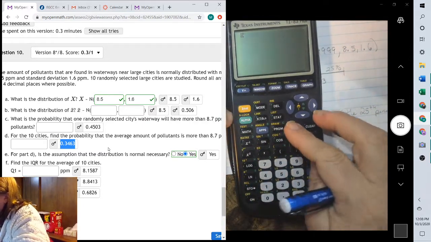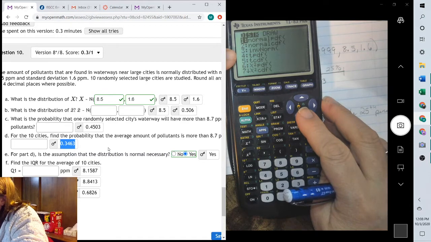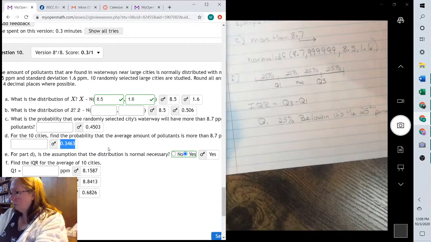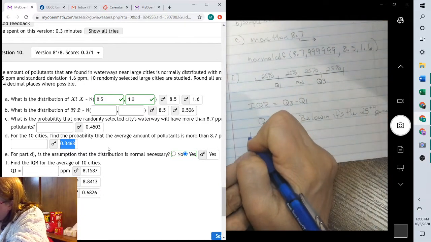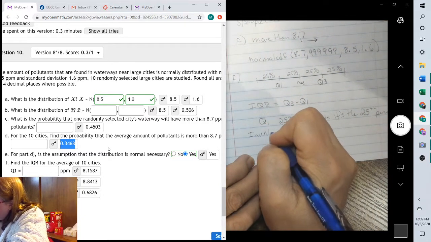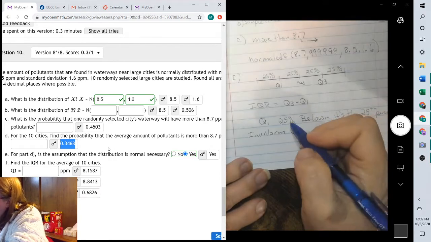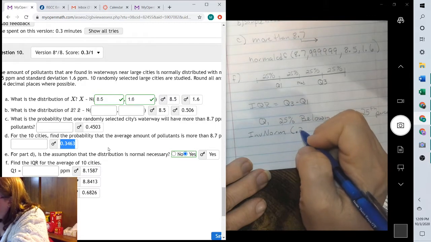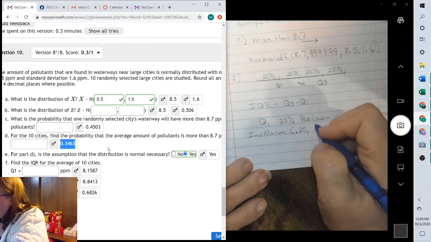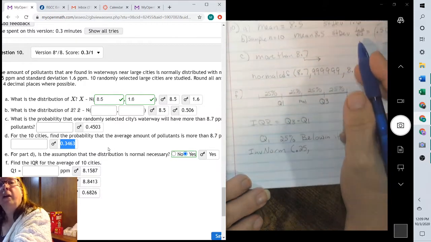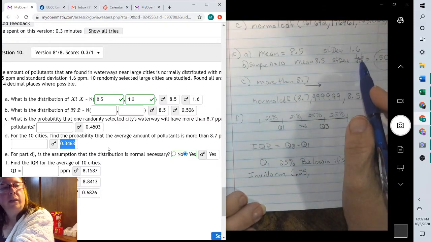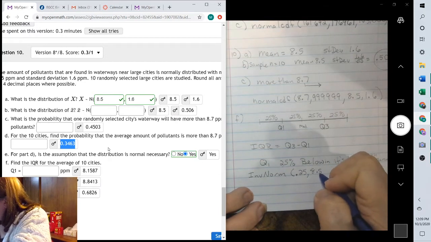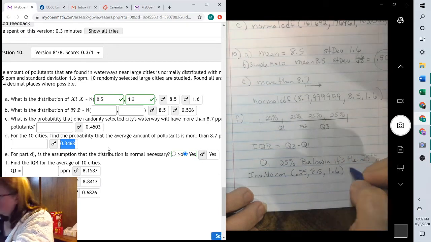And so that one, under distribution, it's the inverse norm. It's the third one. For the inverse norm, you need to put your percent below, 0.25. Then your mean, which was 8.5, and your standard deviation, 1.6.